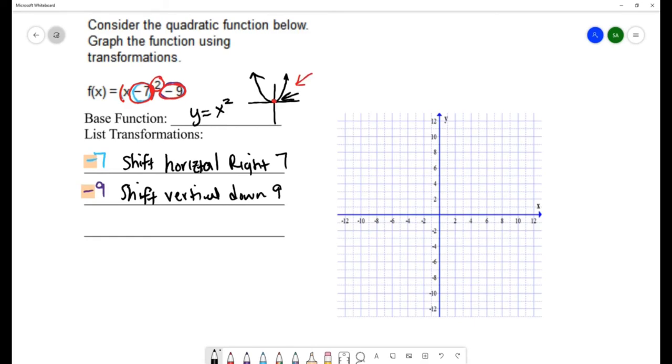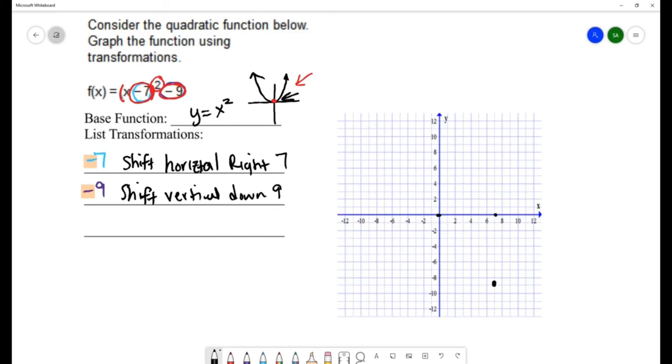If we take that point of (0, 0) and shift that point to the right 7 and down 9, that's going to get us to the new location of our vertex. So we start at the vertex, go to the right 7, go down 9, and that is the new location of our vertex.